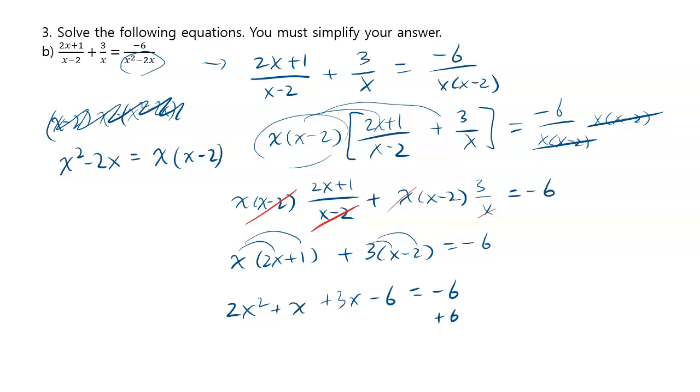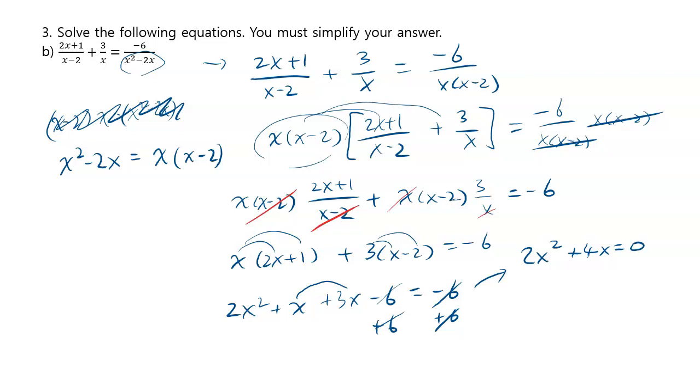That means you want to bring everything to one side in order to solve. So I'm going to add 6 to bring that 6 to this side. But then over here you see that these two cancel too. So you're going to get 0. Meanwhile, x plus 3x is 4x. So what we get is 2x squared plus 4x equals 0.